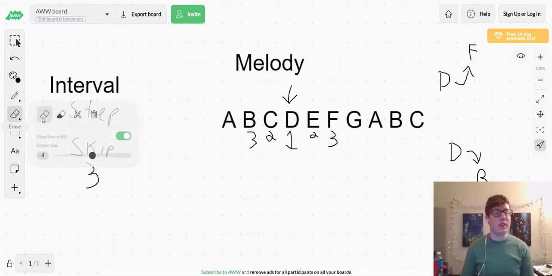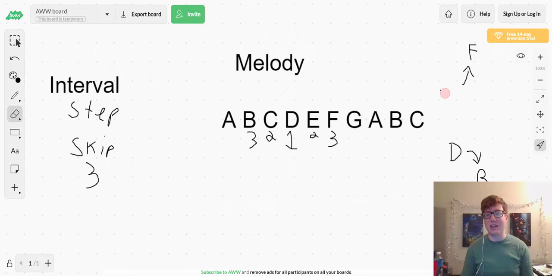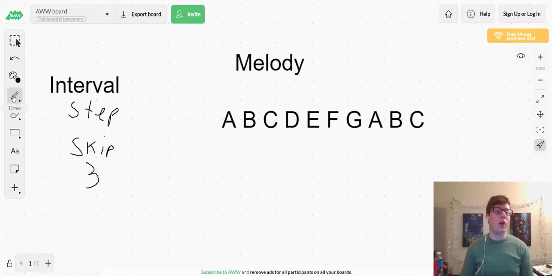Let's do another example of this. I'm going to make you guys think a little bit on this one. Alright, this time we're going to start on the note F. So remember, that means F is number 1.